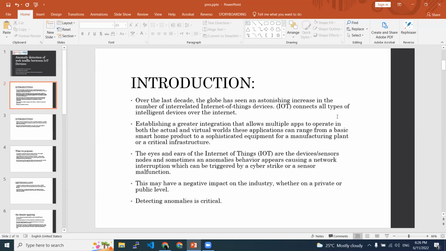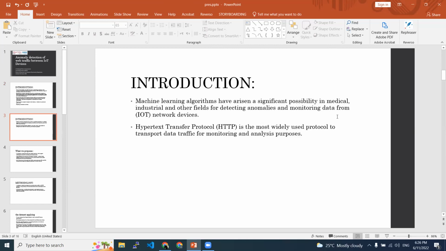So as a result, detecting anomalies is critical. Machine learning algorithms have shown significant potential in medical, industrial, and other fields for detecting anomalies and monitoring data from IoT network devices.